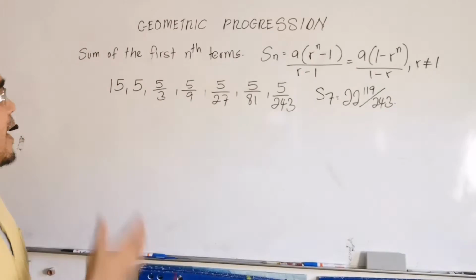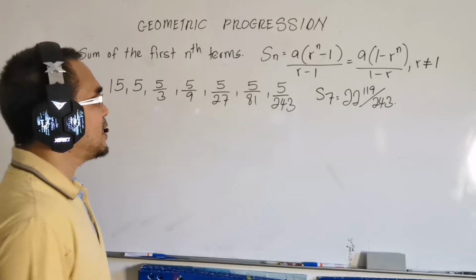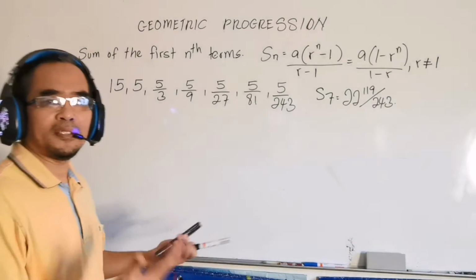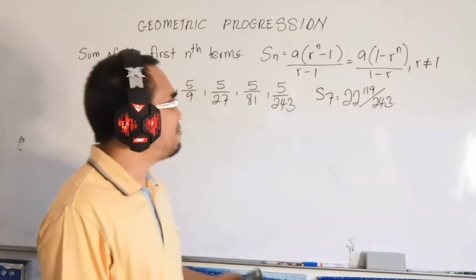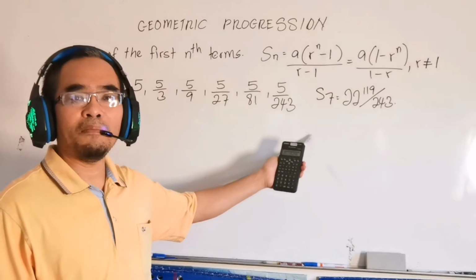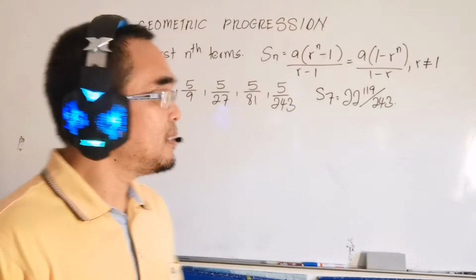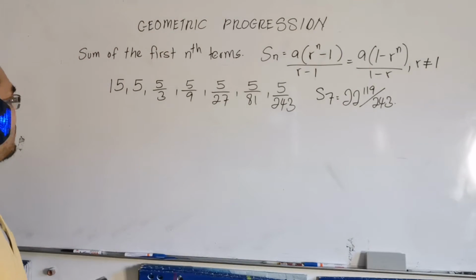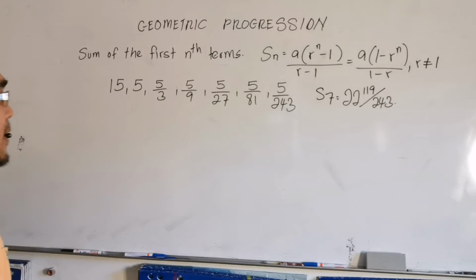Now let us use the formula, because this manual method is just suitable for an experiment. If we are talking about maybe 50 terms, it is impossible for us to write it down and calculate manually.